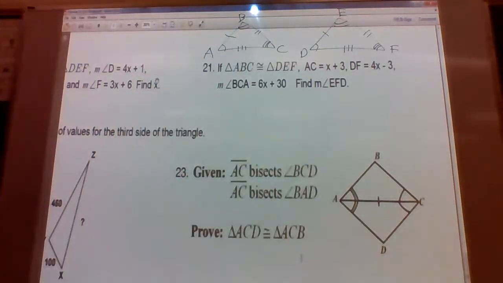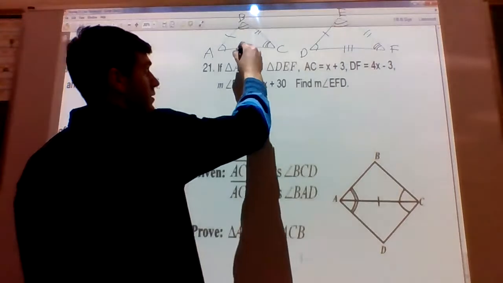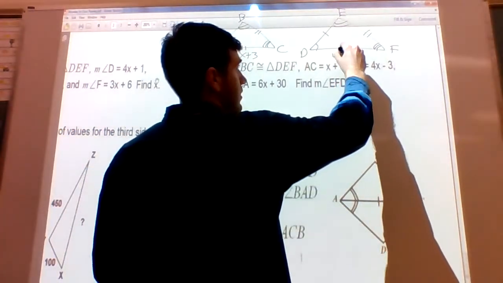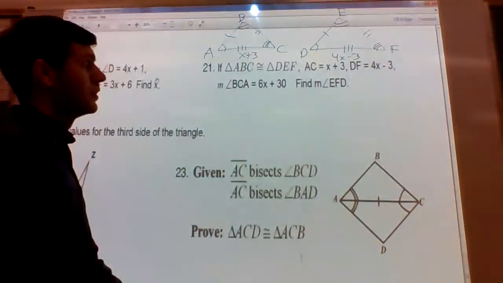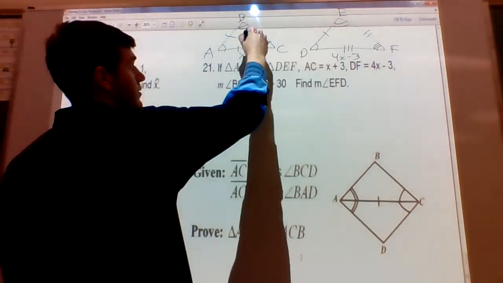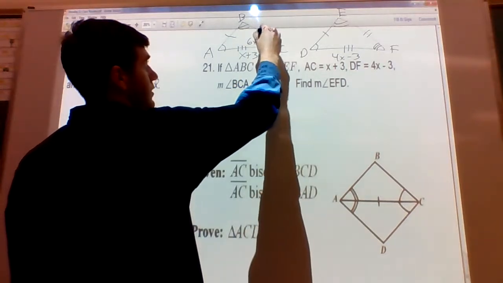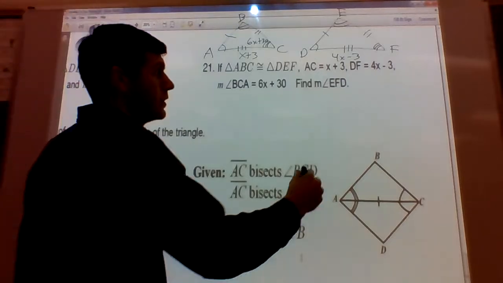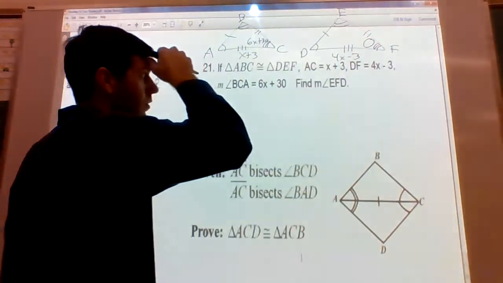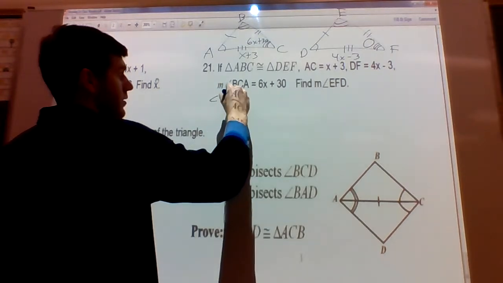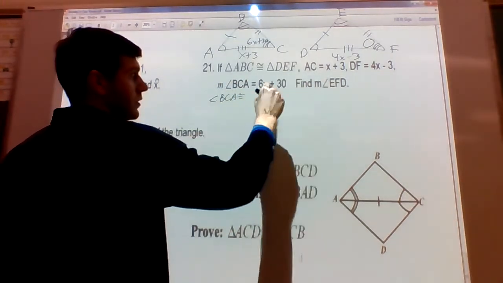Okay. We know AC is x plus 3. We know DF is 4x minus 3. And we know angle BCA is 6x plus 30. We want to find the measure of angle EFD. Okay, well, we know angle BCA is congruent to angle EFD.